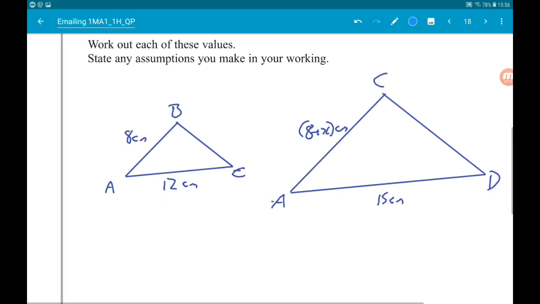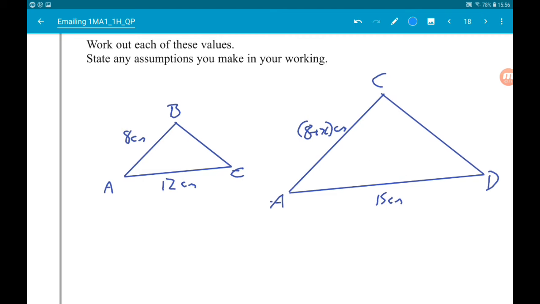So, the first way around that I'm going to do it is with the two bottom lengths corresponding and the two left lengths corresponding. So, this side corresponds to this side.